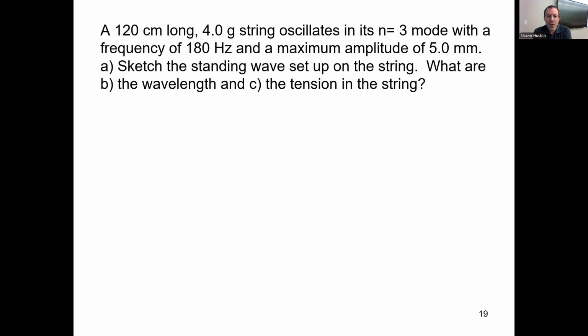I sketched out what those various harmonics look like. And we also determined a formula for the allowed wavelengths and the allowed frequencies of standing waves on strings. So that's what this example problem deals with.